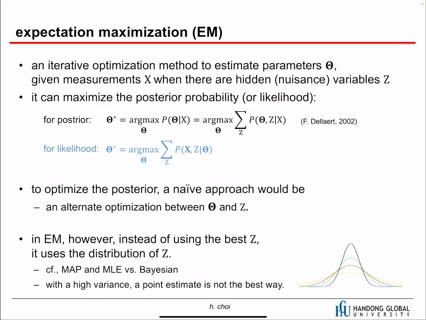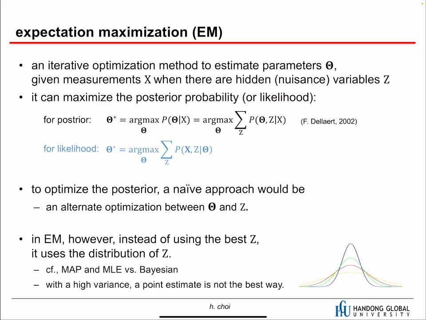So if we don't know this assignment, then we cannot update the parameters. So as we did in k-means, we're going to take an iterative approach. Basically, we reassign, then we update the parameters, and based on the parameters, we reassign again. So we have an assignment step and an update step.